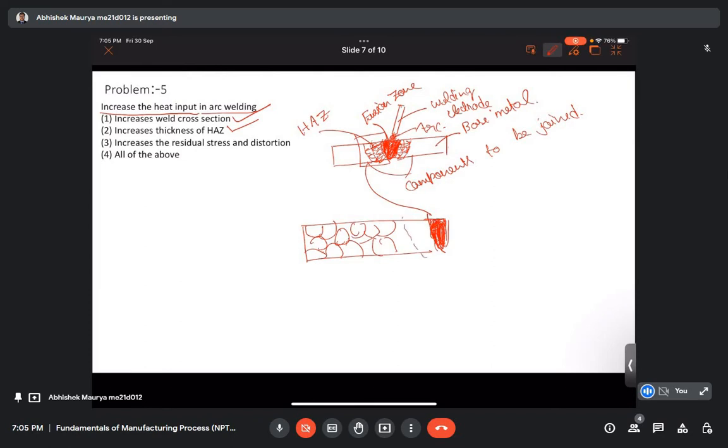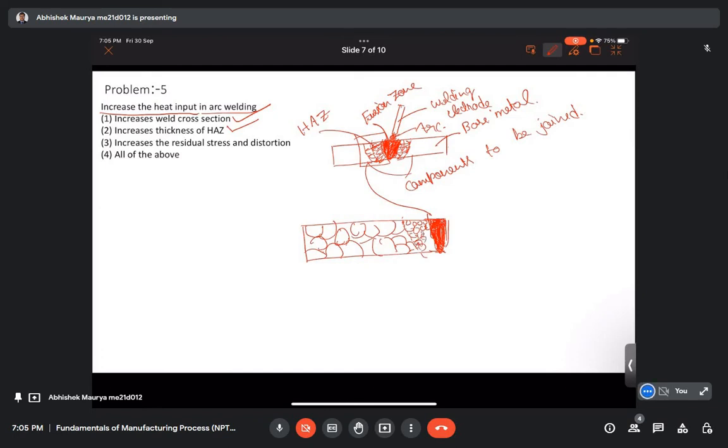So in the heat affected zones, because of transfer of heat, the microstructure will not remain the same as the base metal. Some change will happen, either it will increase in size or decrease in size based on our base metal condition. So we are just taking an example where the microstructure size has been reduced like this.